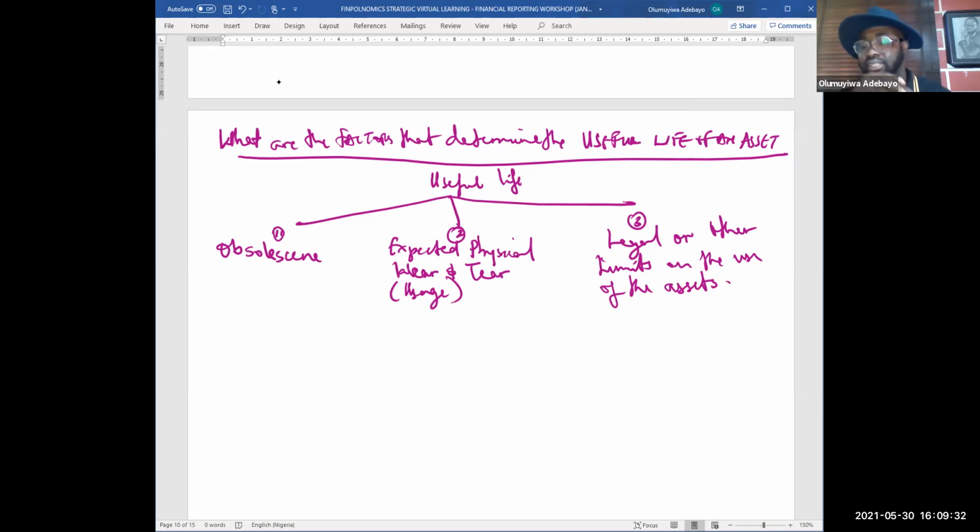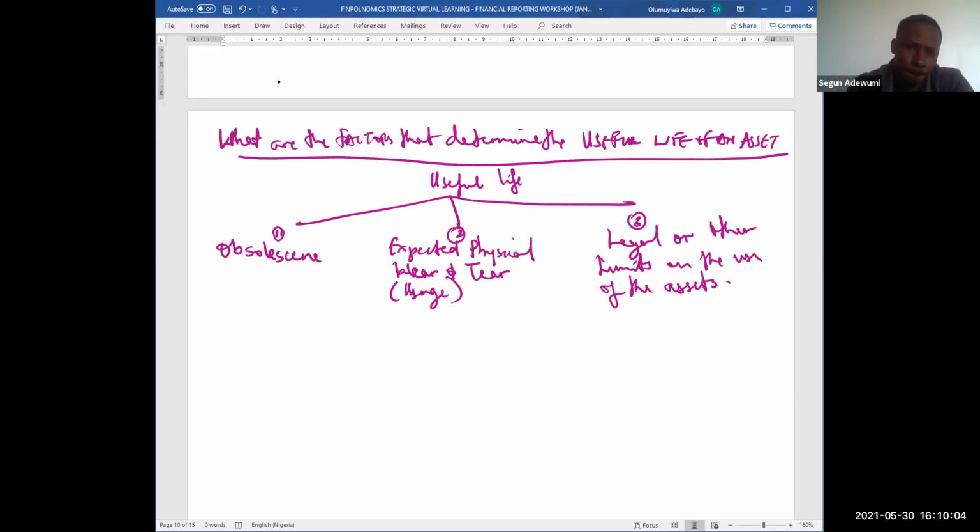Is it an asset such that legally you lose the right to it after a certain period, which then means that every cost you have expended on the asset should be allocated by way of depreciation over the legal period you have right to it? And that might be synonymous with what you were trying to portray with respect to leased assets. But a lease will not necessarily determine the useful life.